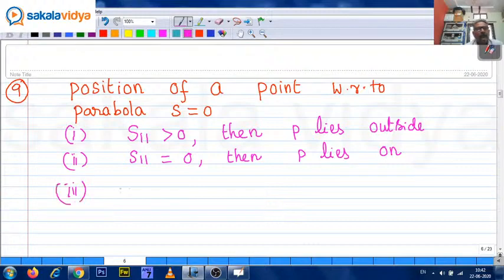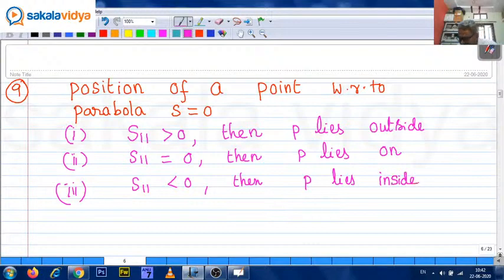Third one, S11 is less than 0. Then P lies interior, that is called interior. So inside. Am I correct now? Wonderful, wonderful, Suma, Ashwa, Sham, Nagaraju.